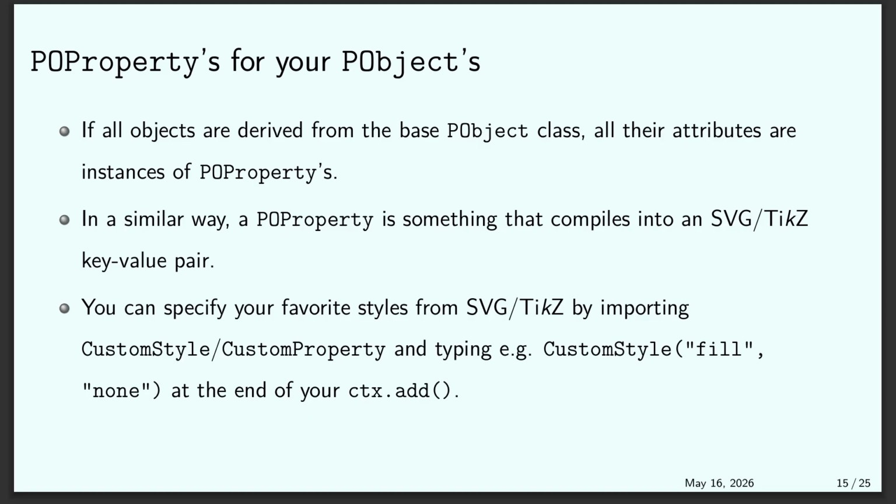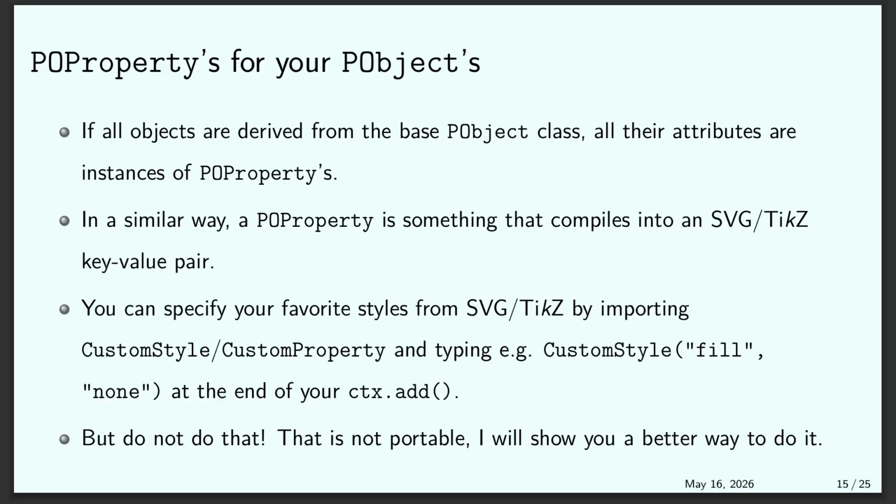First of all, we're gonna get rid of this. I'm gonna tell you this, and then we can move on. There's also custom style, I mean, custom properties that are included in the styles. For example, if you want to include something that is very specific from TikZ or from SVG, you can do it that way. But that's not the way to do it, because this is not portable at all.